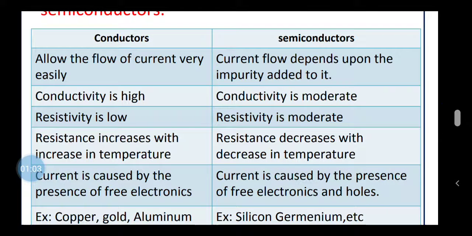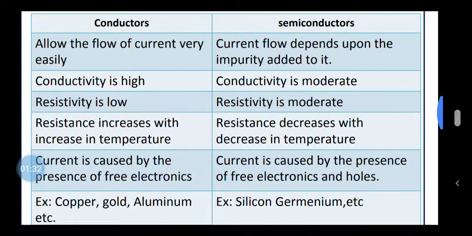We know that conductors allow the current to flow through them very easily with less opposition or less resistance, whereas the conducting property of a semiconductor lies between the conductor and the insulator. So the first difference is conductors allow the flow of current very easily, and in semiconductors current flow depends upon the impurity added to it.